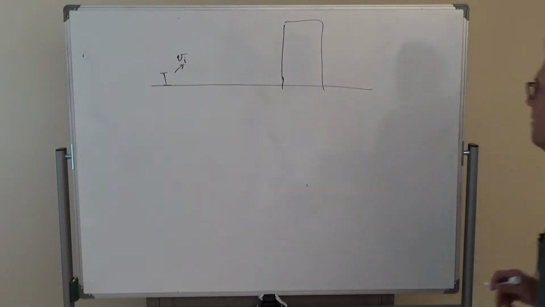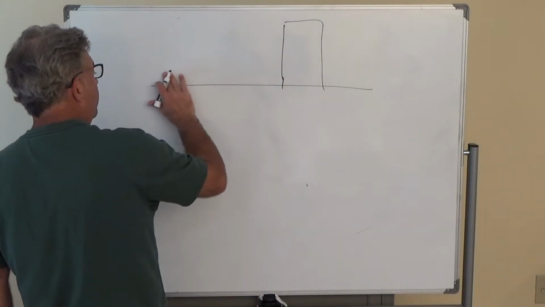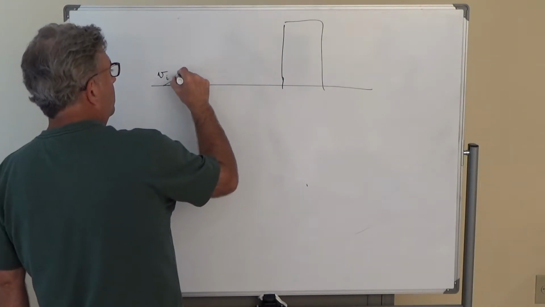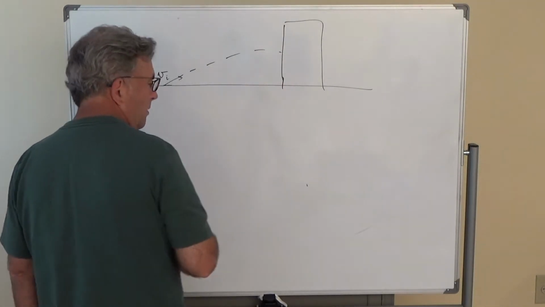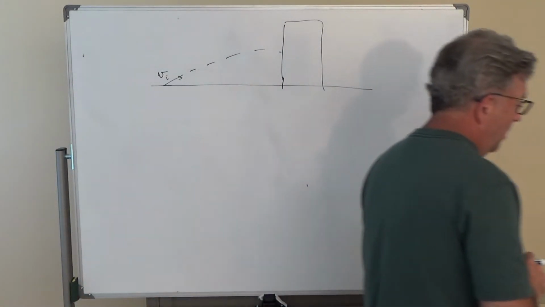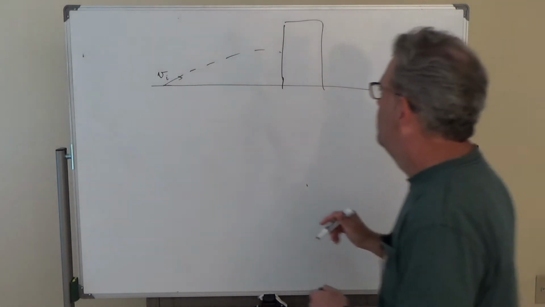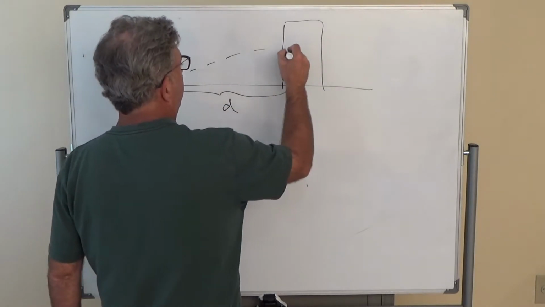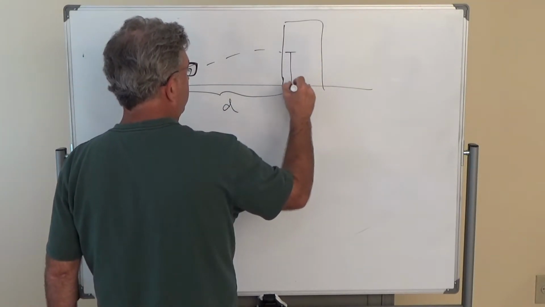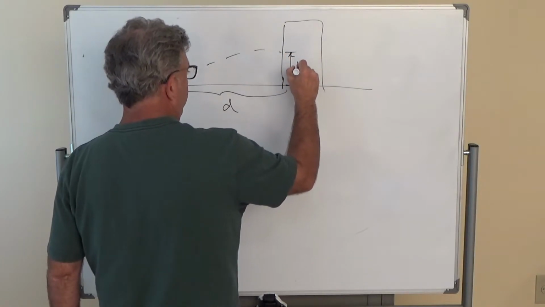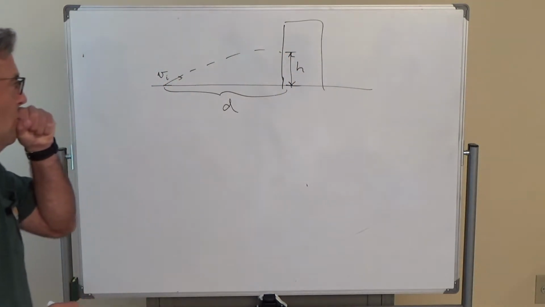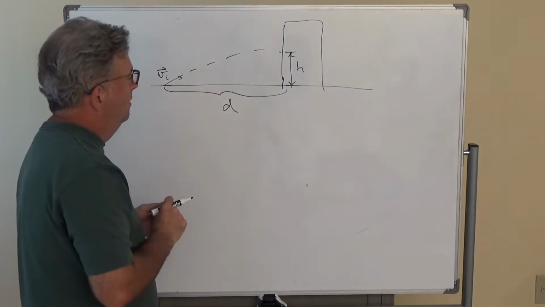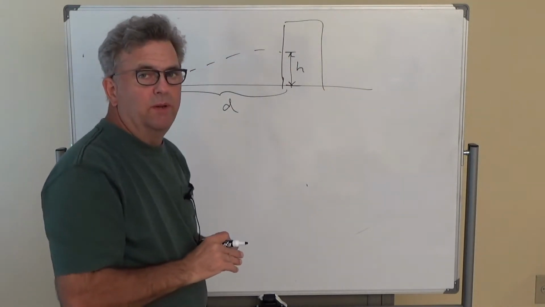All right, I guess V initial is down here at ground level. So it goes like this. And we know the distance d. This height is not the height of the building, but the point where the water strikes the building.